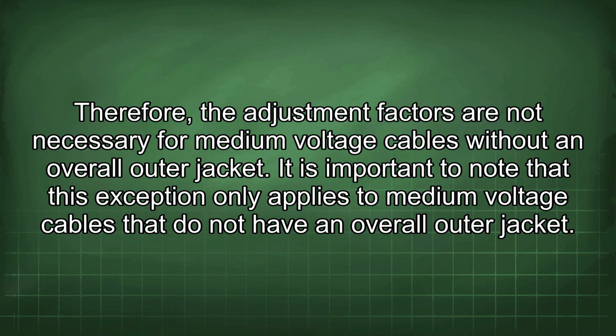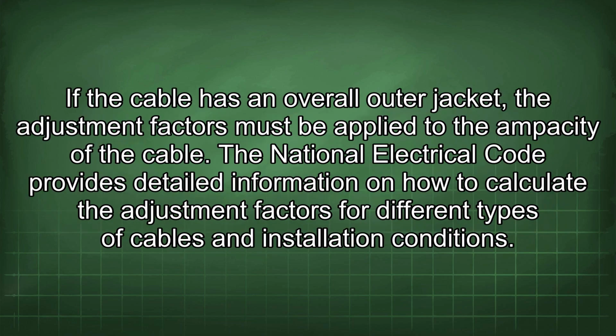It is important to note that this exception only applies to medium voltage cables that do not have an overall outer jacket. If the cable has an overall outer jacket, the adjustment factors must be applied to the ampacity of the cable. The National Electrical Code provides detailed information on how to calculate the adjustment factors for different types of cables and installation conditions.